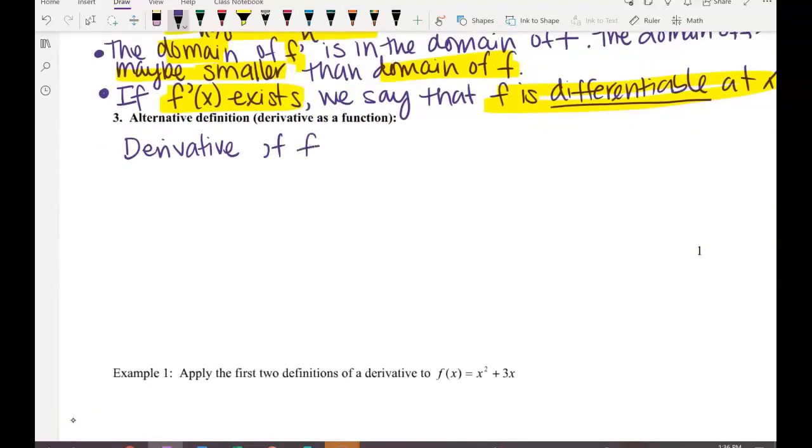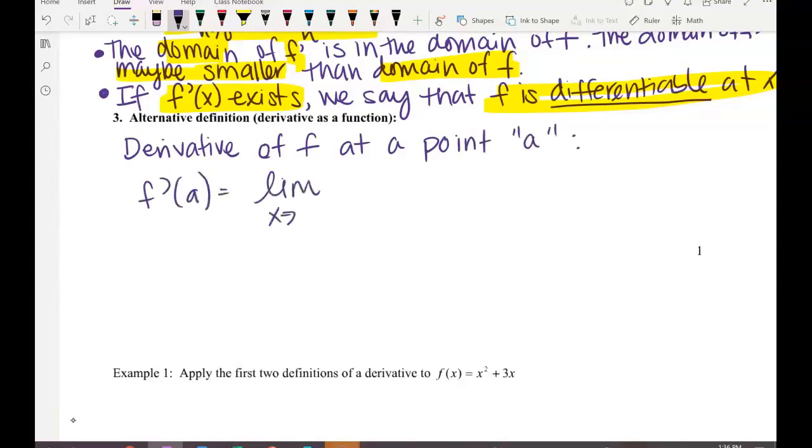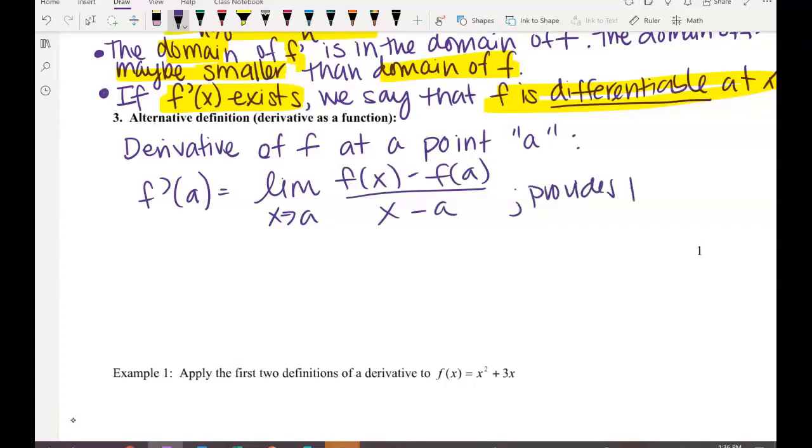The derivative of f at a point, let's call it A, is f prime of A equals the limit as x approaches A of f of x minus f of A all over x minus A, provided that the limit exists.